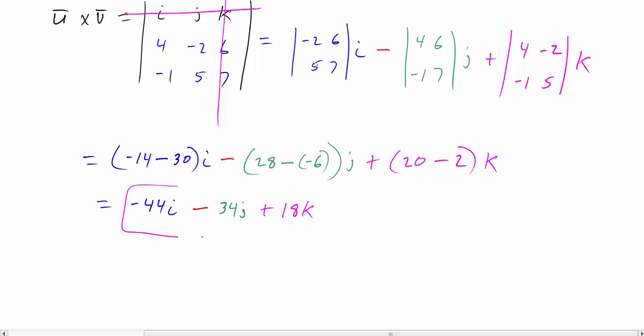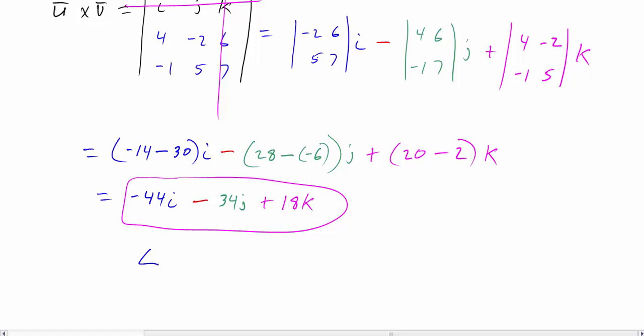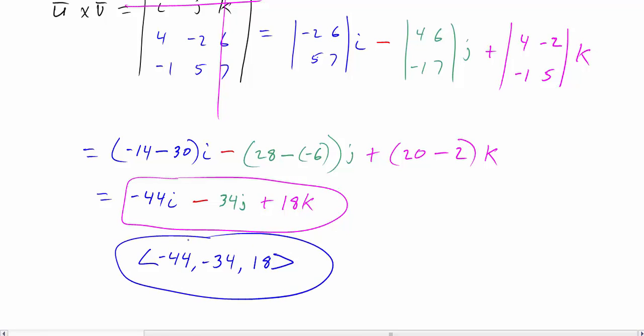So you'll notice here when we find the cross product, the answer is another vector. And of course, we could write this in the component form such as <-44, -34, 18>. So either way, we could write the answer in terms of i, j, and k, or just simply put this in the component form.